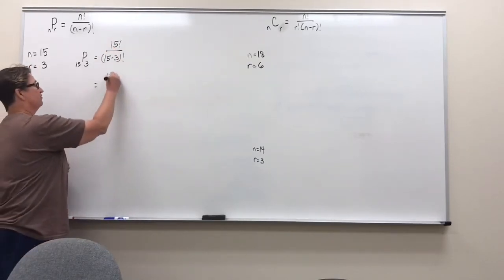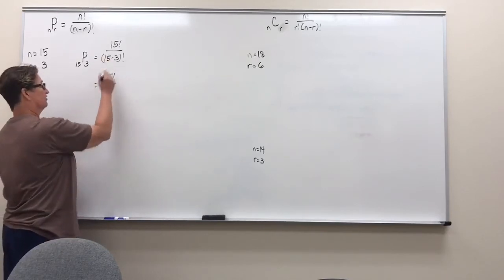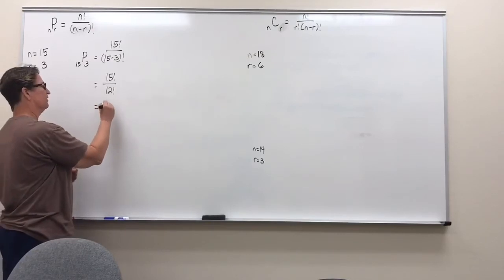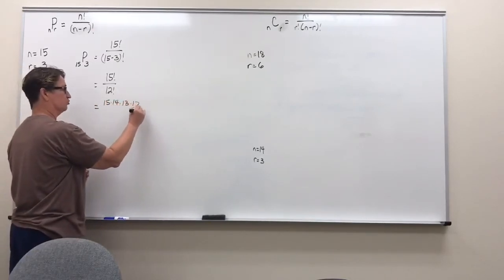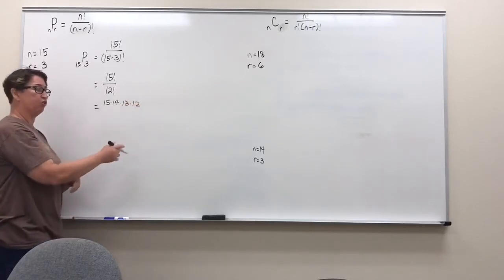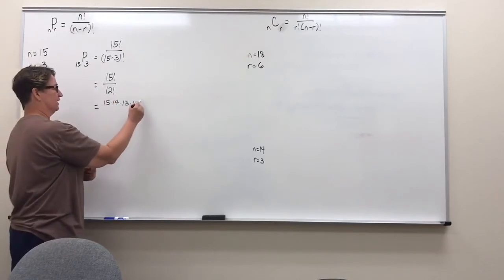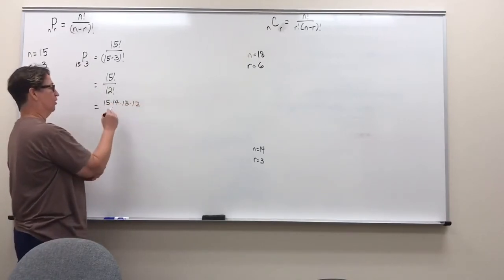So that 15 factorial means 15 times 14 times 13 times 12 times 11, all the way down to 1. I'm going to do inside the parentheses here where I have 12 factorial. 12 factorial means the same idea, where I do 12 times 11 times 10 all the way to 1.